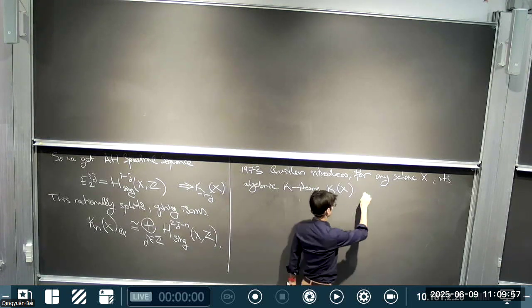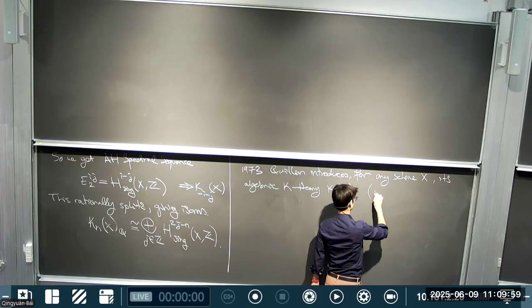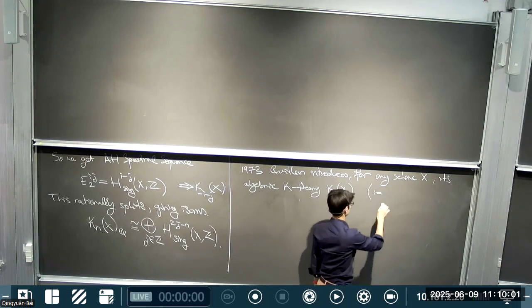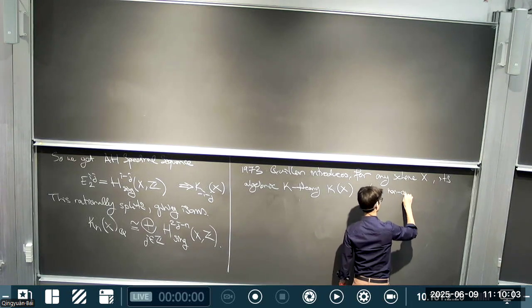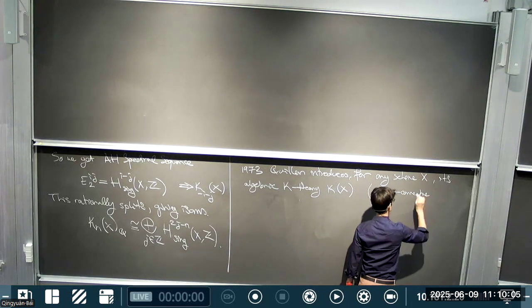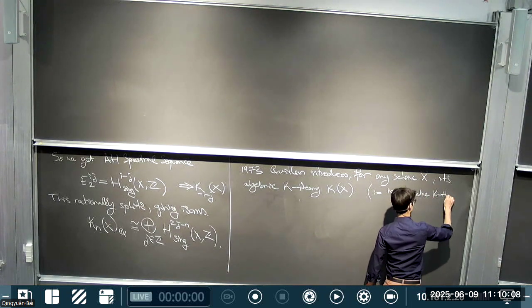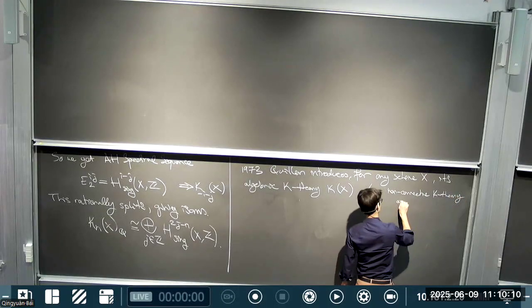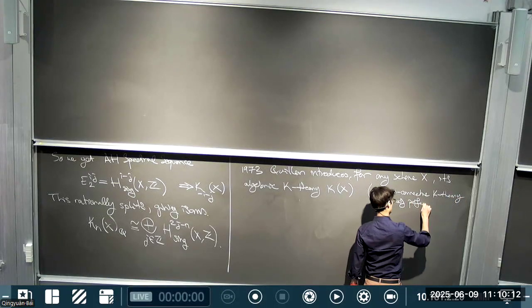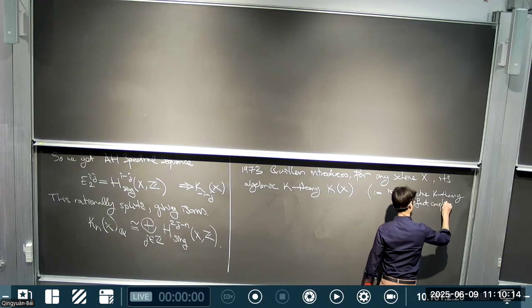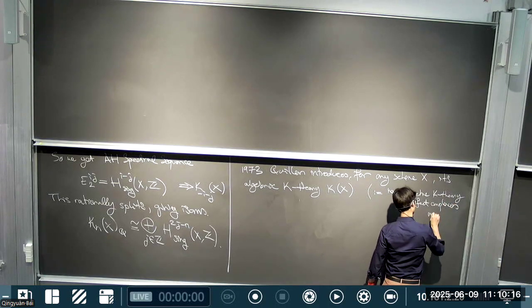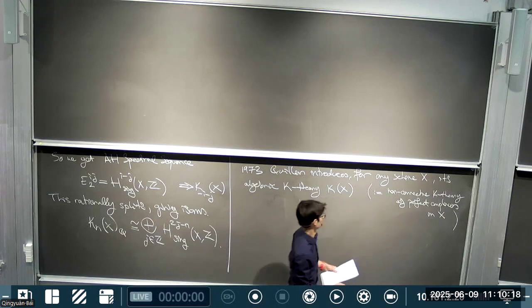Which, in case of any ambiguity, is always going to mean for us non-connective K theory of perfect complexes on X.